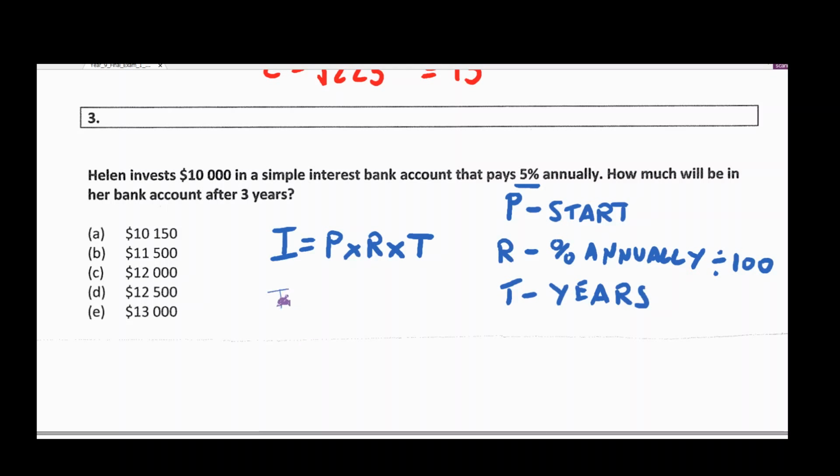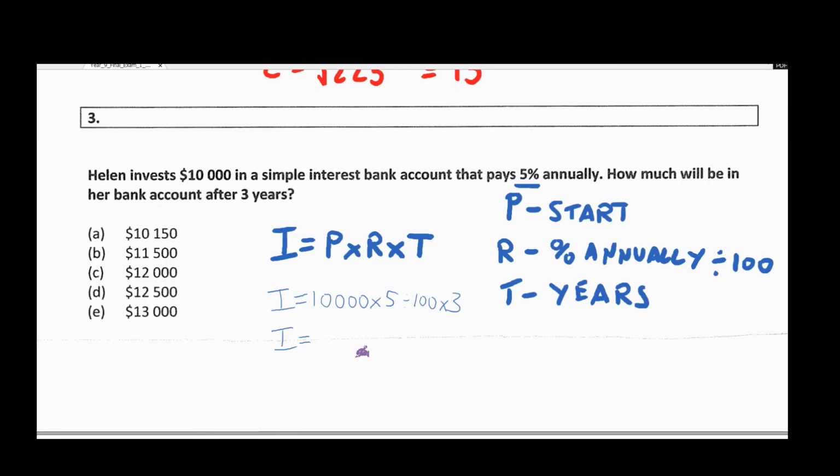So our interest is going to be the principal, which is 10,000, times our rate, which is 5 divided by 100, because it's 5%. We've got to change it to a decimal, so we divide by 100, times our time, which is 3 years.